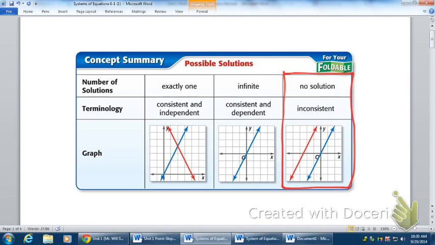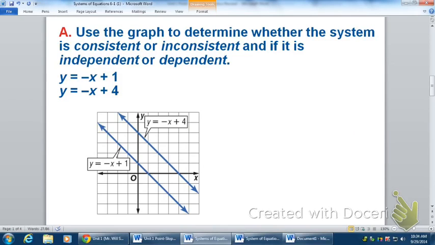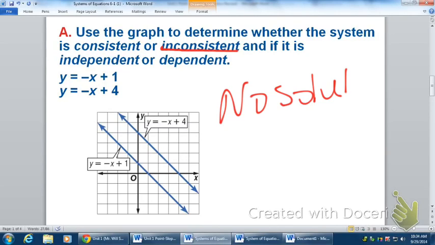It's neither dependent nor independent. So it would be inconsistent, and also it's neither independent nor dependent. It's a no solution. So it's inconsistent and it's no solution.